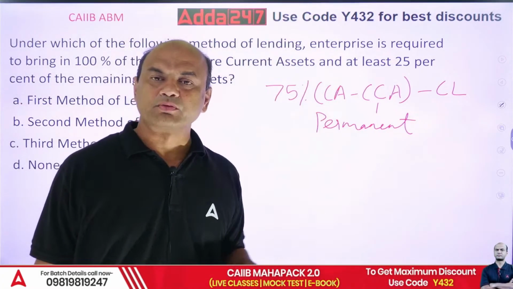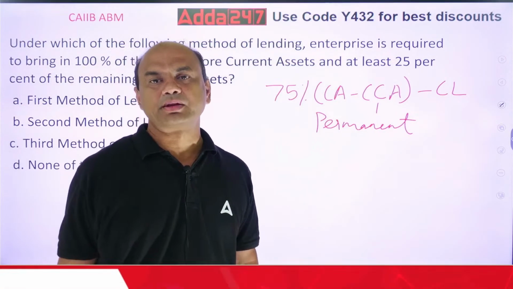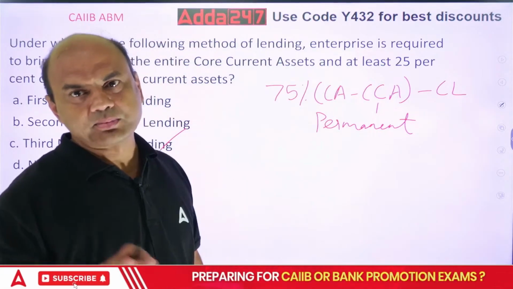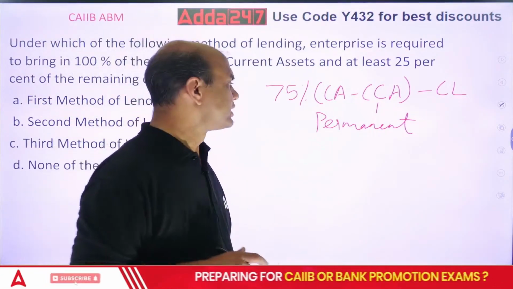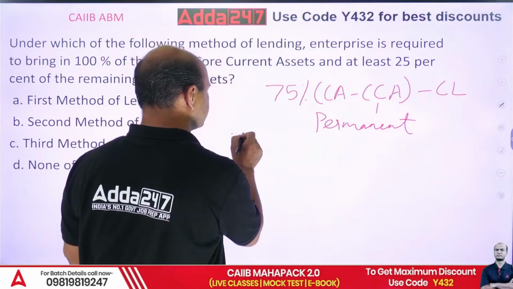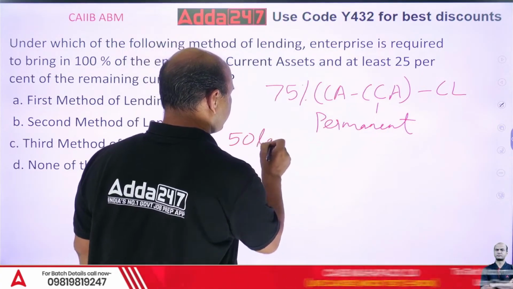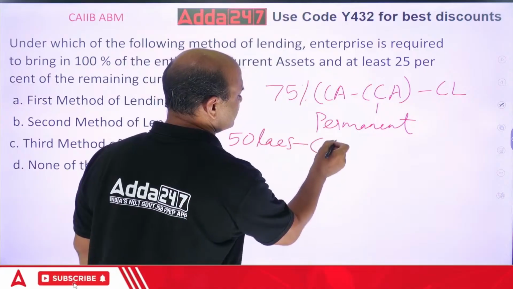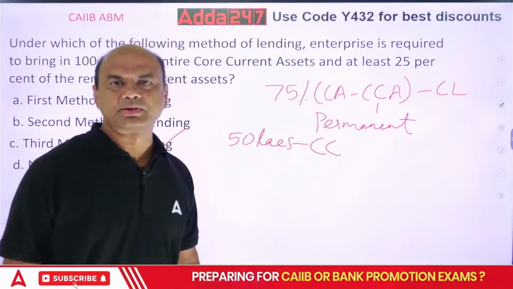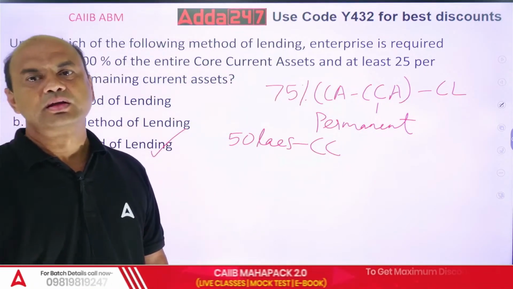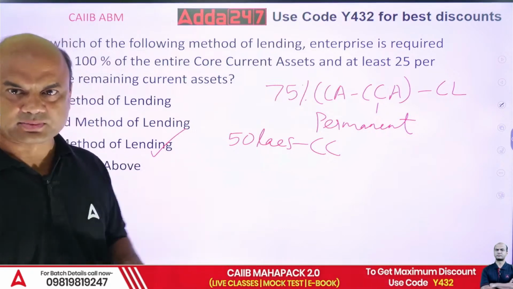What does this mean? What is the permanent component of working capital? Suppose you have sanctioned 50 lakhs CC to a customer. Now you see the range of that customer.